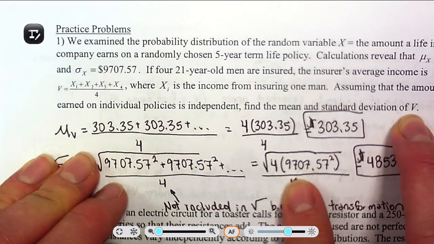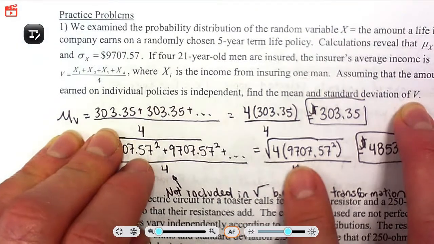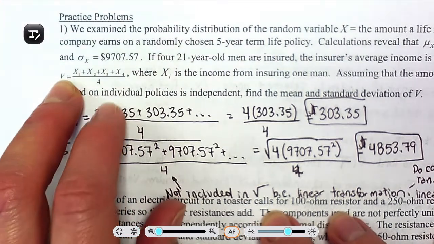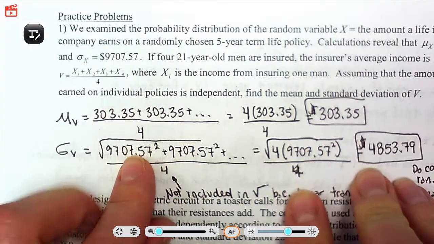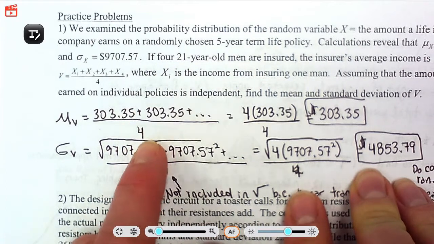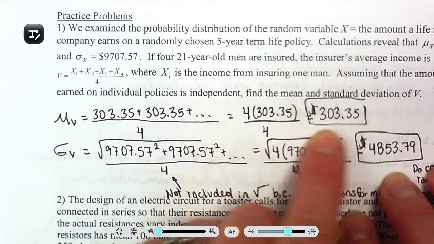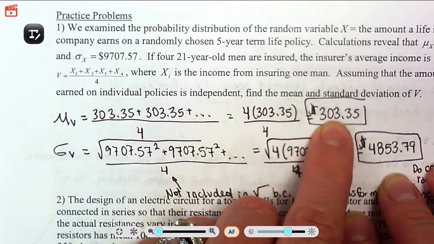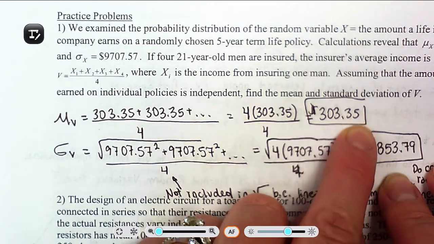So mu V is all 4 men added up, as defined here, divided by 4, which is 303.35.